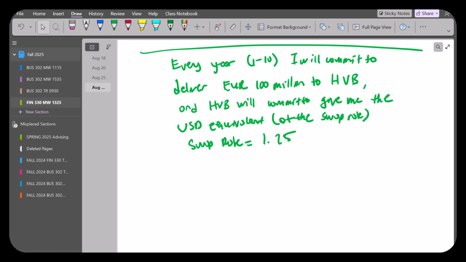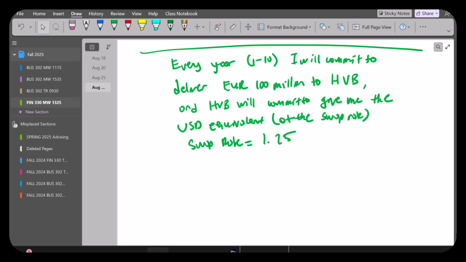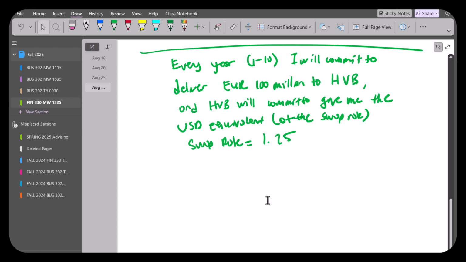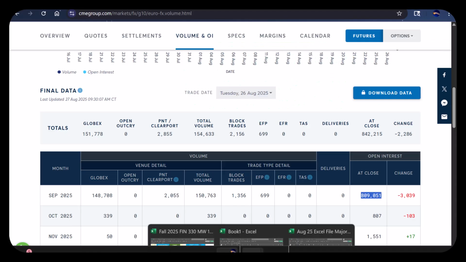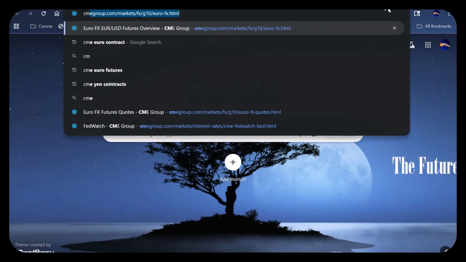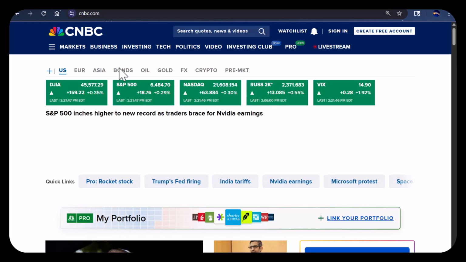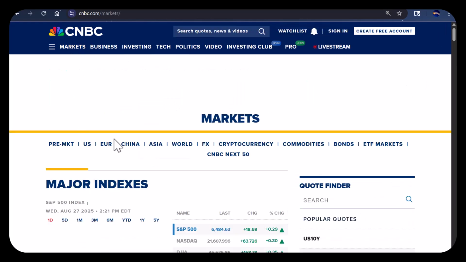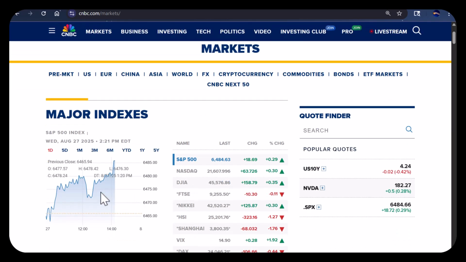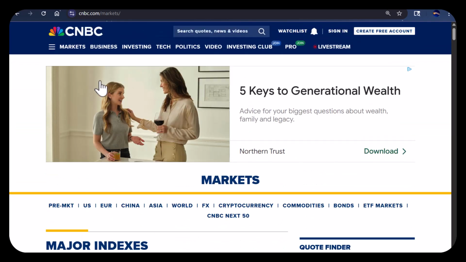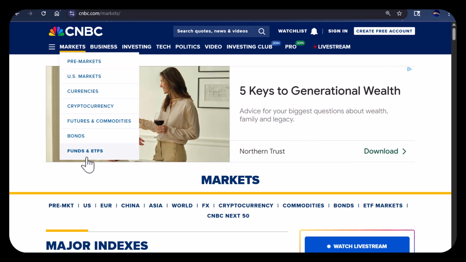But the 1 year rate is going to be different, right? Let's get in the markets, the treasuries.